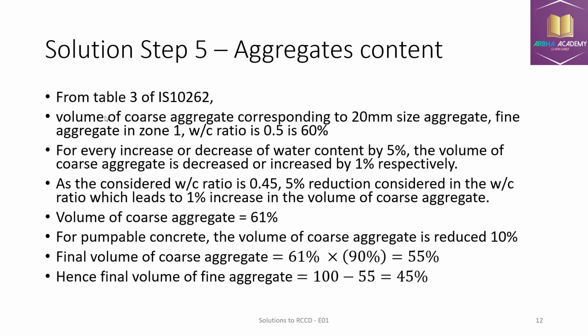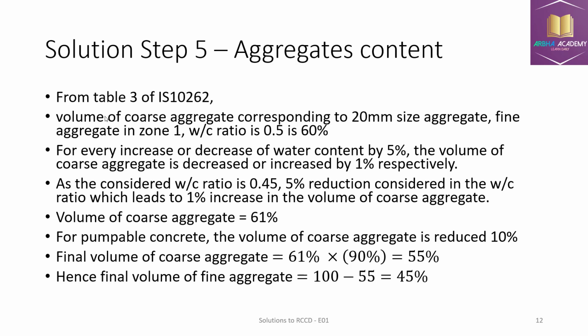There is a rule in IS 10262 that for every increase or decrease of water cement ratio by 0.05, the volume of coarse aggregate is to be decreased or increased by 1% respectively. In other words, vice versa. If your water content is increasing, then your volume of coarse aggregate should decrease. If your water content is decreasing, then your volume of coarse aggregate should increase.